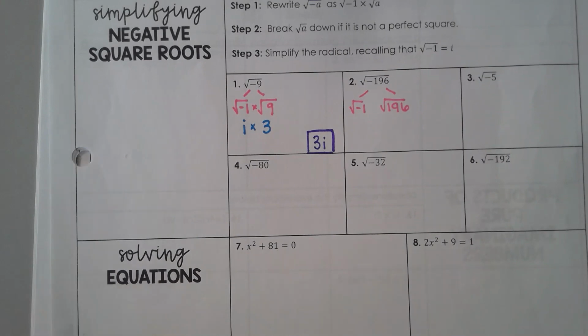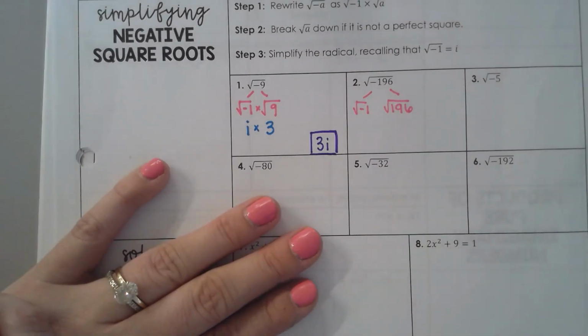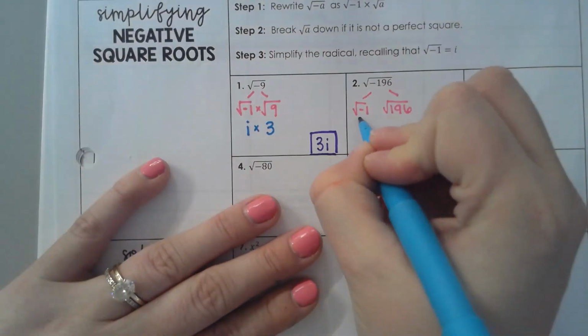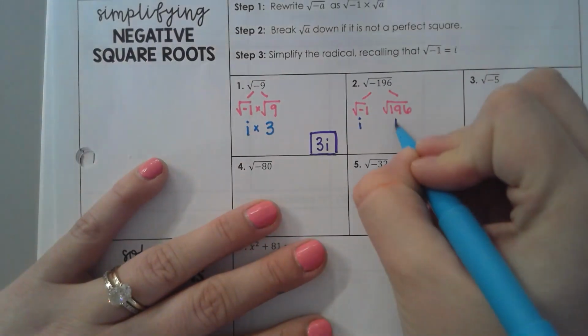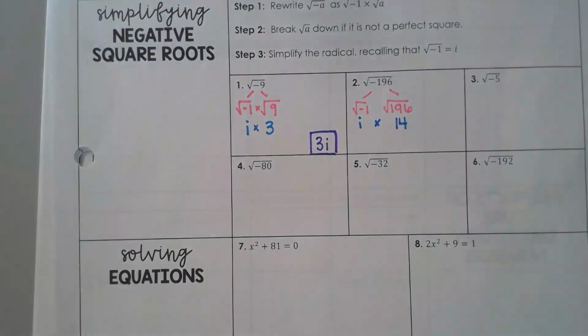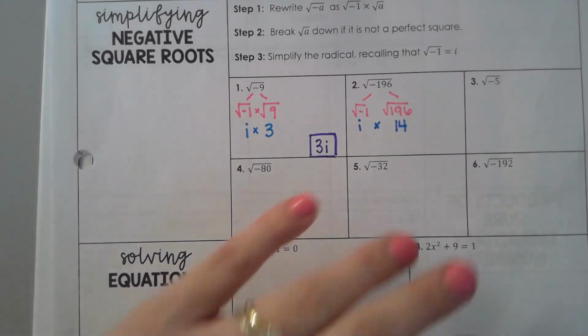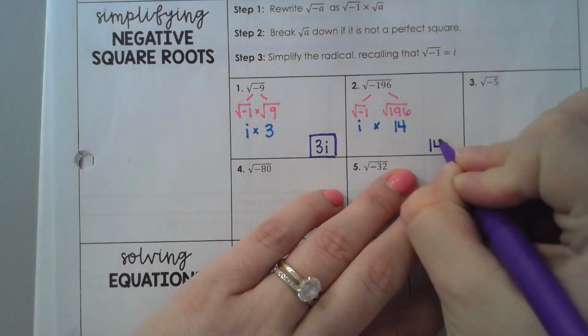What is the square root of negative 1? i. Is 196 a perfect square? Yes, it is. What is the square root of 196? 14. So this is really i times 14, which is 14i.